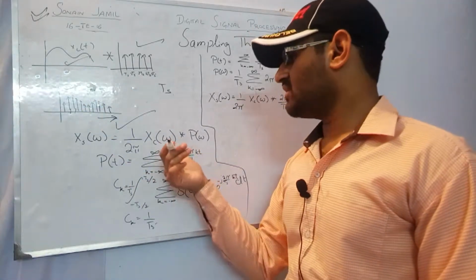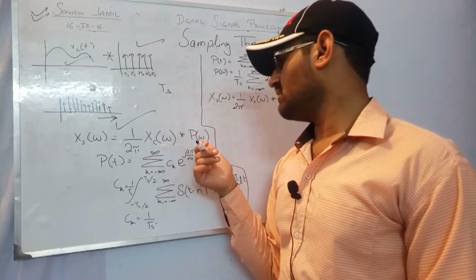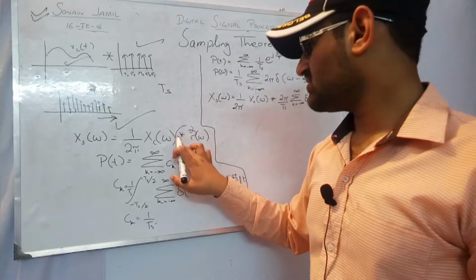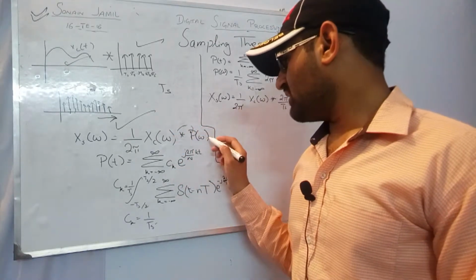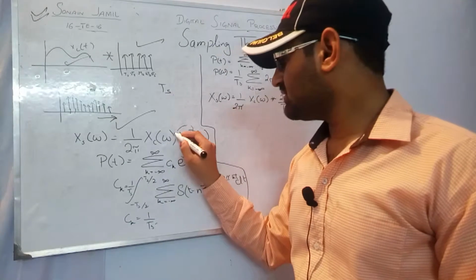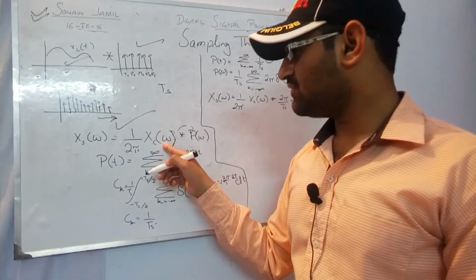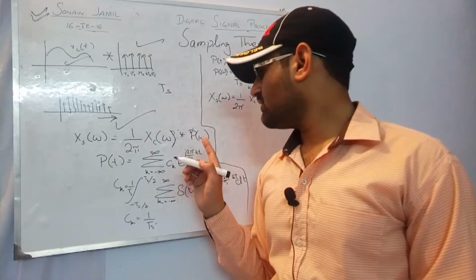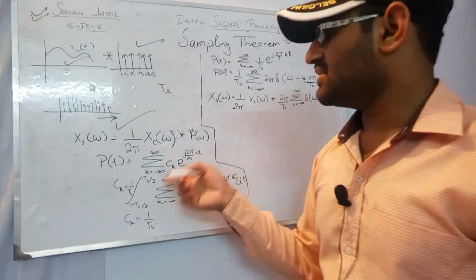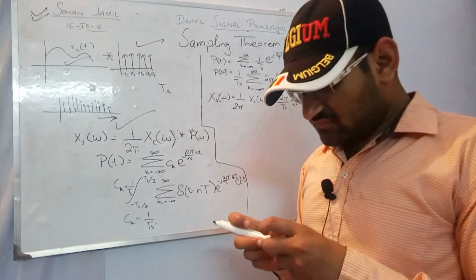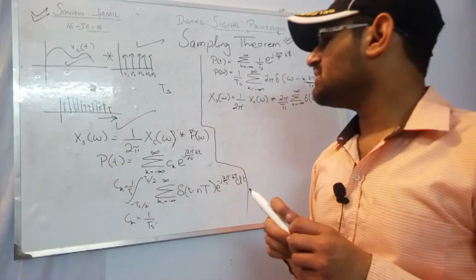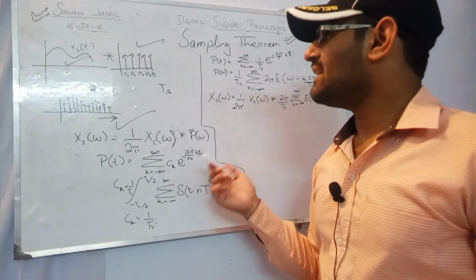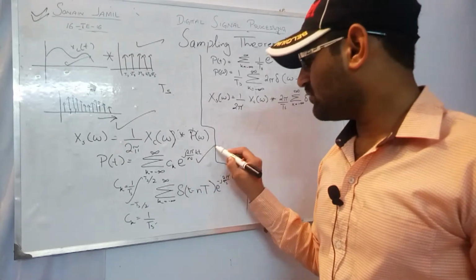The signal in the time domain multiplied by the pulse train becomes convolution in the frequency domain. The continuous signal in the frequency domain is convolved with the pulse train in the frequency domain. So what is the formula of the pulse train in the time domain? It can be found using the Fourier series.